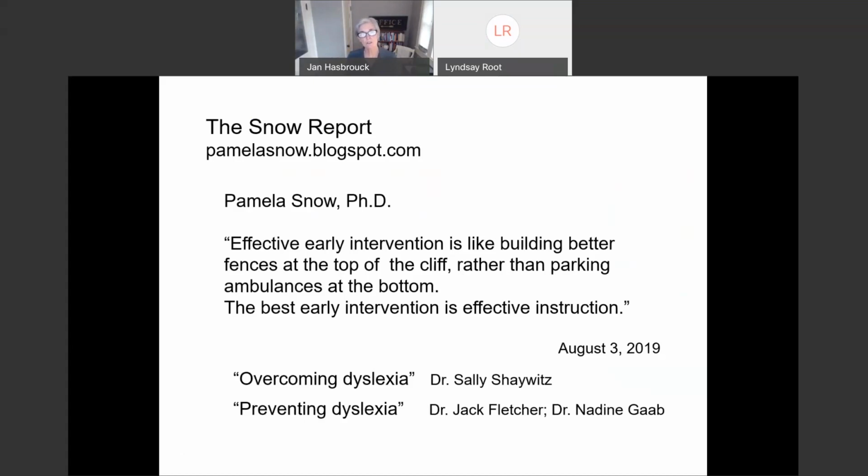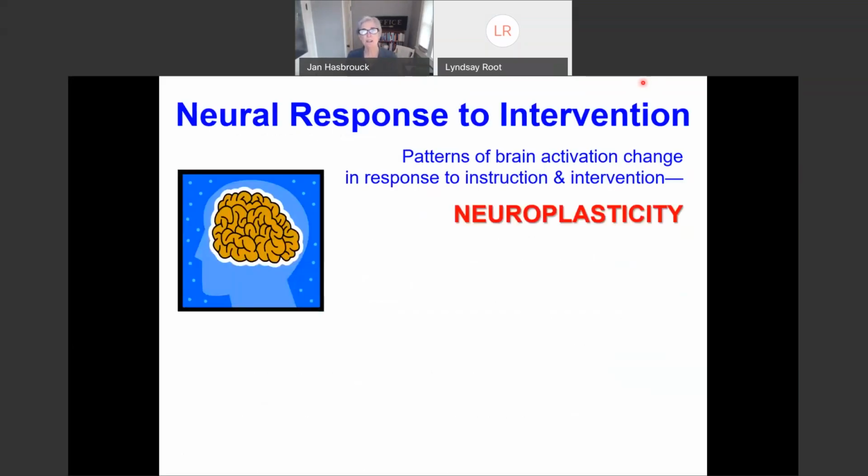If we start early enough with these children who are showing some signs of speech concerns, language processing, auditory processing around phonemes, we can prevent dyslexia from happening. And that's because of our amazing brains, that we're all born with a certain amount of neuroplasticity. Jack Fletcher has said what teachers are doing is brain surgery by instruction.